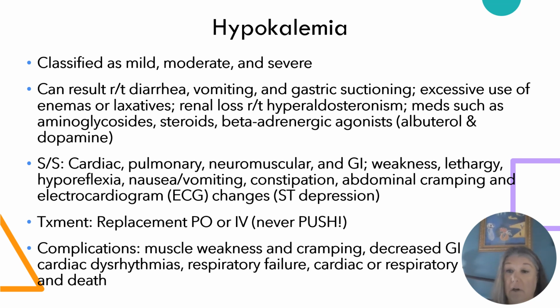Potassium deficit can occur secondary to losses through the GI tract and renal system, due to actions of meds, transcellular shifts, or inadequate intake of potassium. Diarrhea, vomiting, gastric suctioning can really affect our potassium.